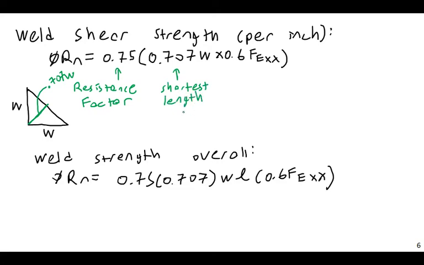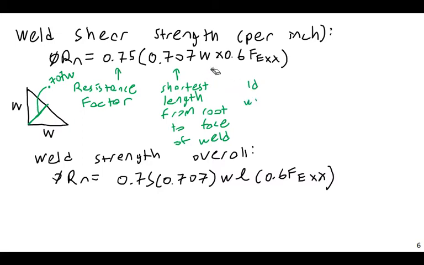1 over square root of 2, yes. So this is the shortest length from root to face of weld. W is going to be equal to the width of the weld.